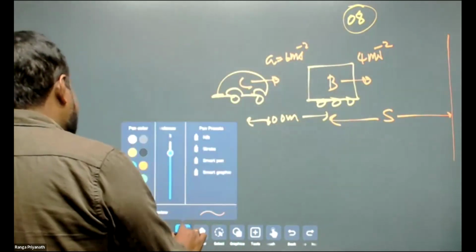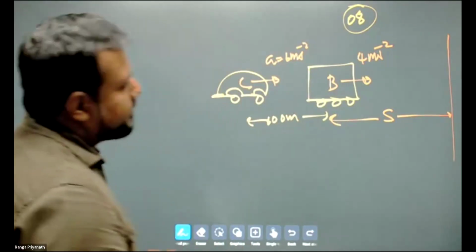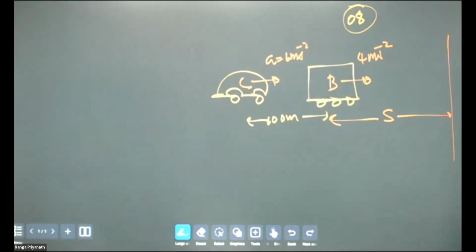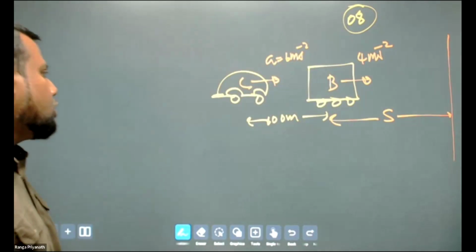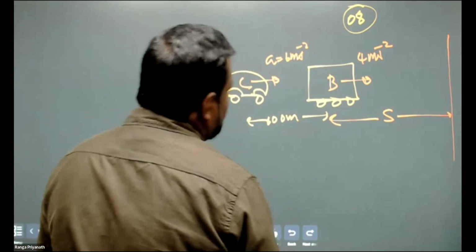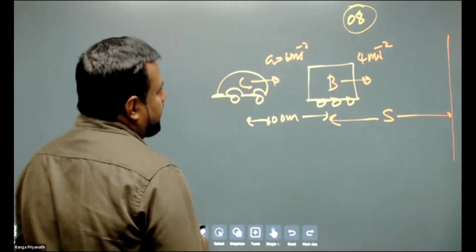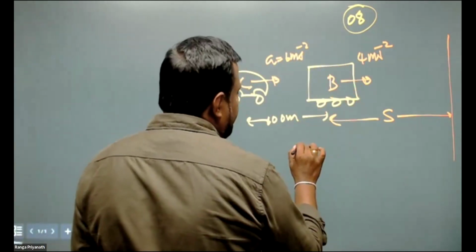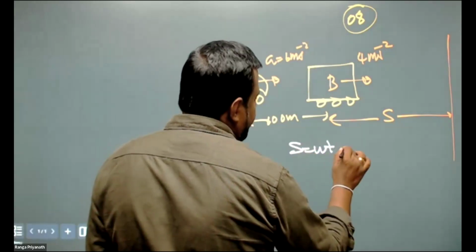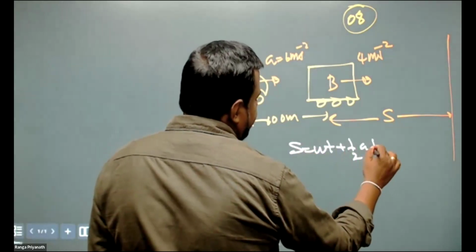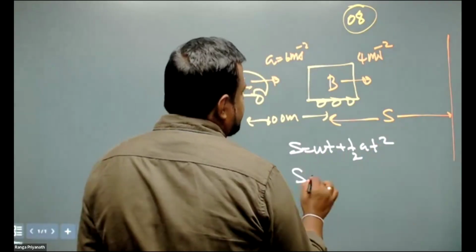Right, we have done these kinds of questions. Several questions we have completed. I don't think that will be a difficult question for you all. Let's apply the equation for the bus and the car separately. For the bus, you can apply the equation S = ut + ½at².